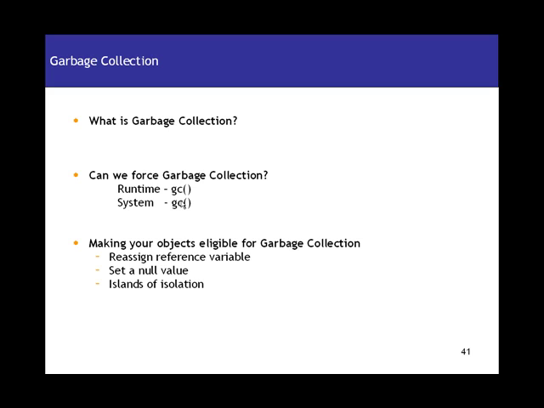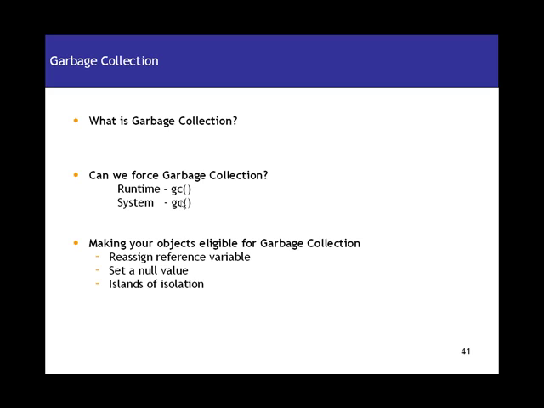In a similar manner, just before the object is garbage collected, the finalize method will be called for sure. So this is the place where you can perform your cleanup code before garbage collecting the object.